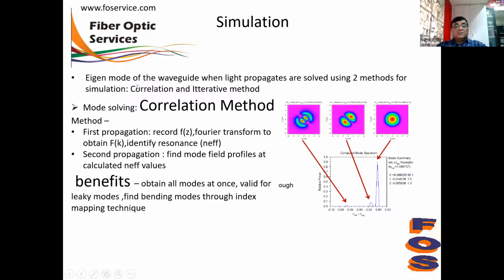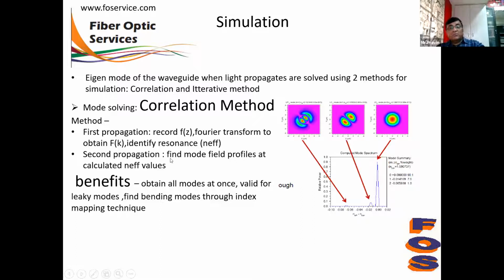In BeamPROP, there are two methods. One is the correlation method and another is the iterative method. In the correlation method, in the first propagation, it records the Fourier transform to be obtained and identifies the resonances, that is, N effective.